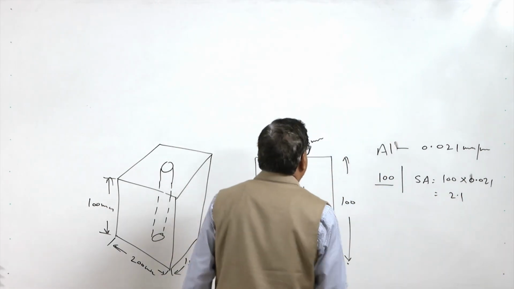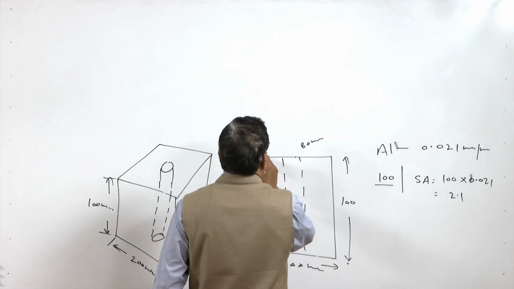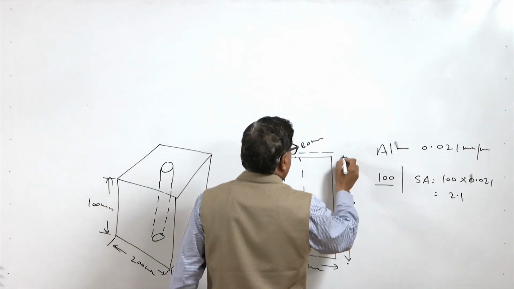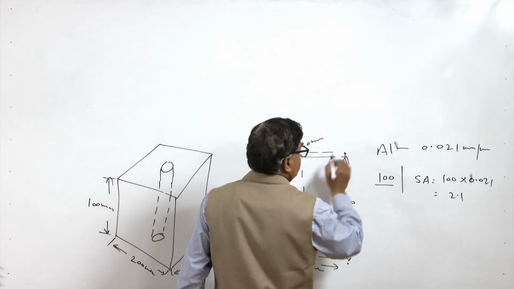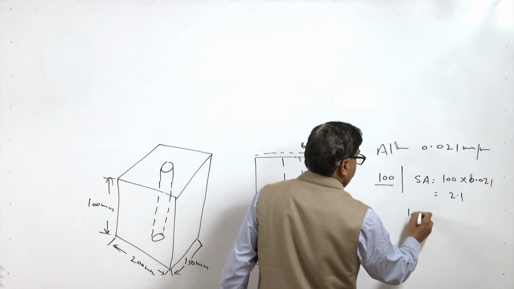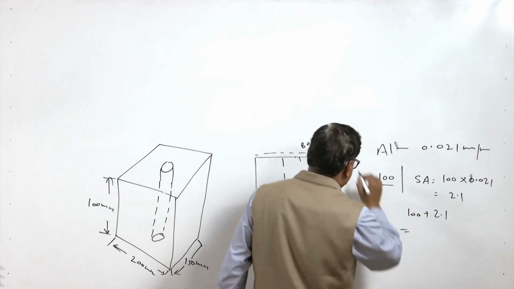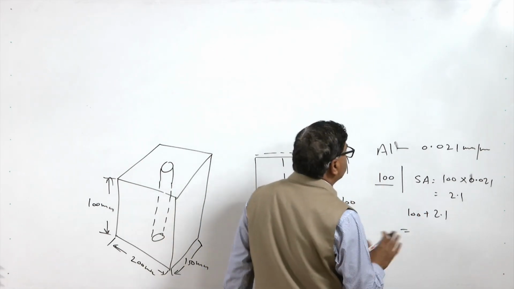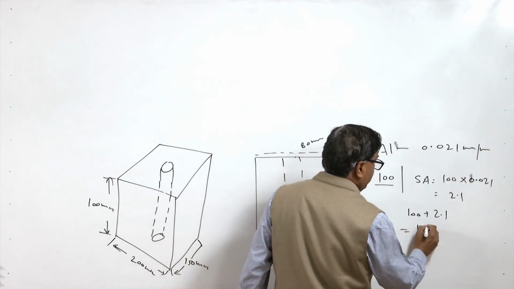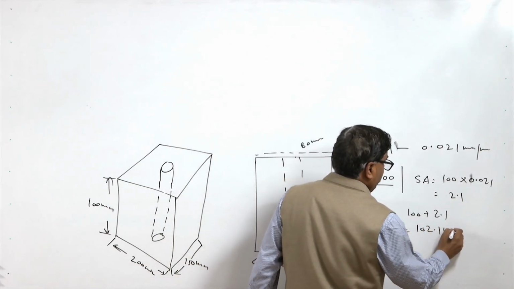So, the total height will have the extra added, 100 plus 2.1. So, the net height which will be given to the pattern will be 102.1 mm.